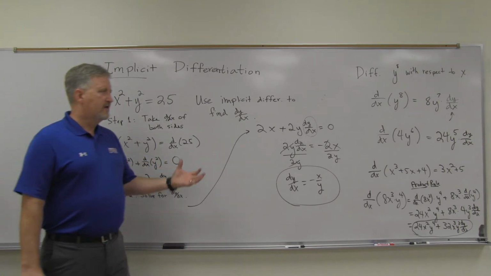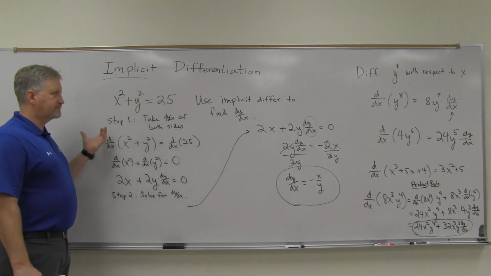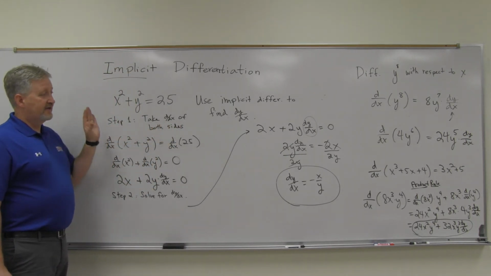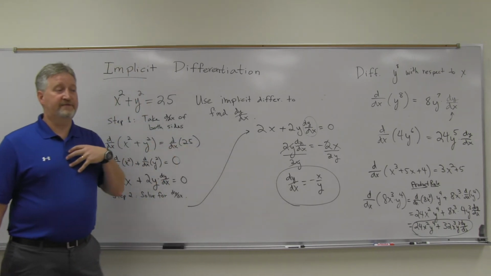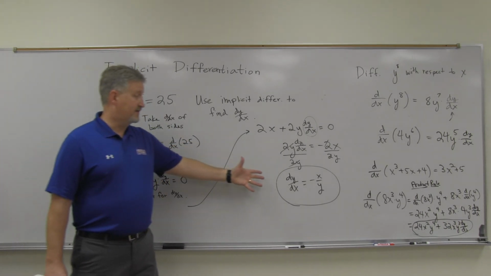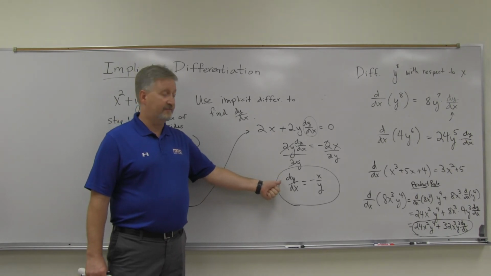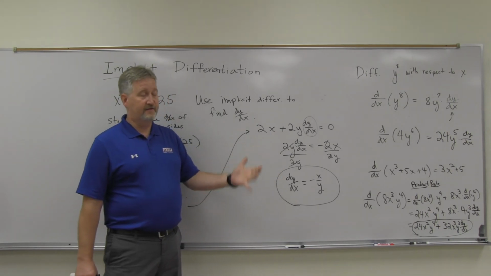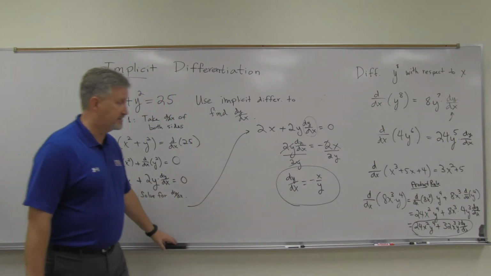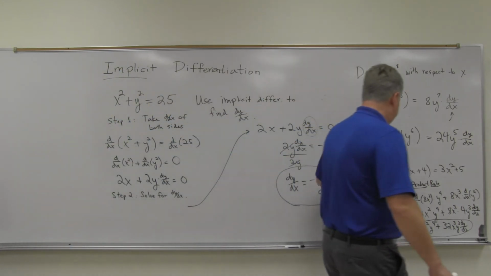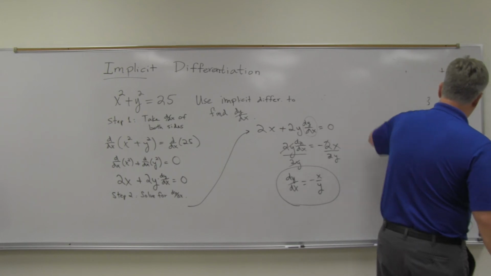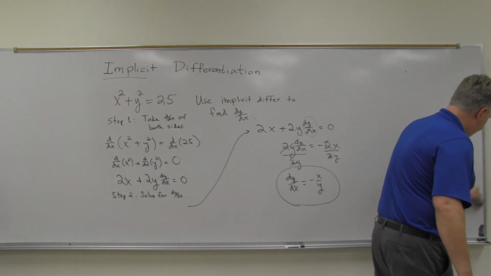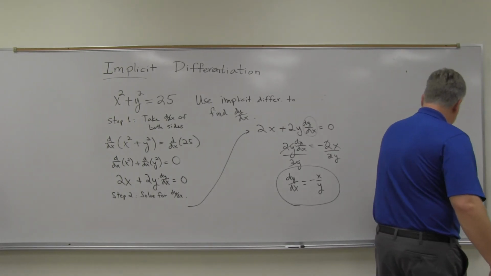Now, this particular example, I chose this one because we can actually see the derivative using our old techniques, because here's what I can do for x squared plus y squared. I can't do it for all of these ones I do implicit on, but I can actually do this one.